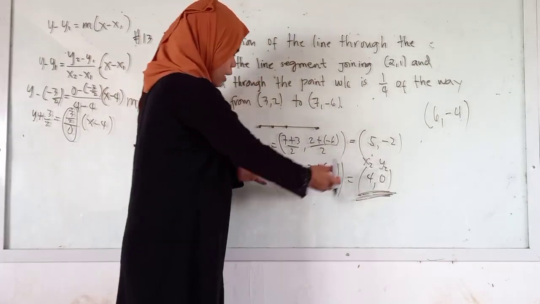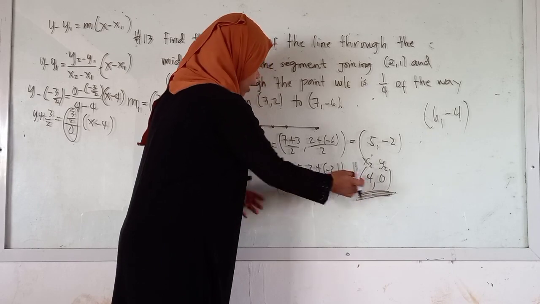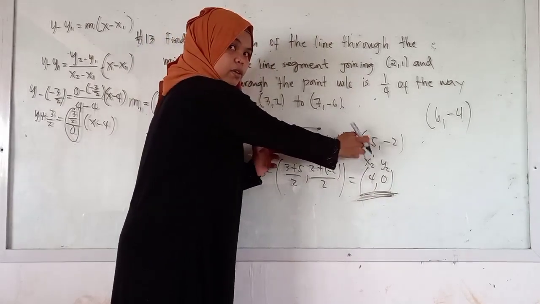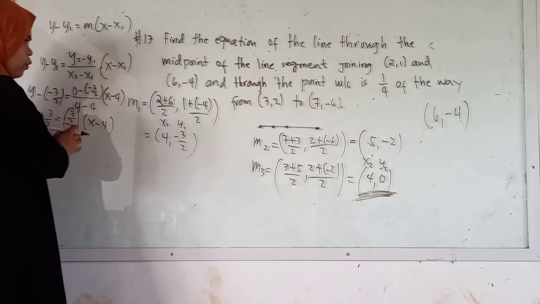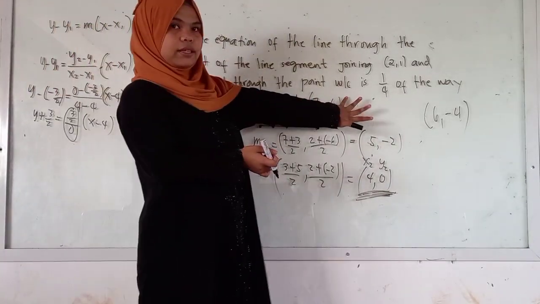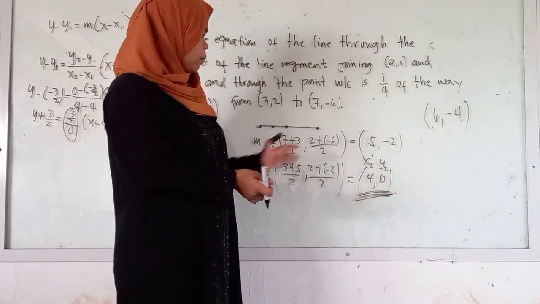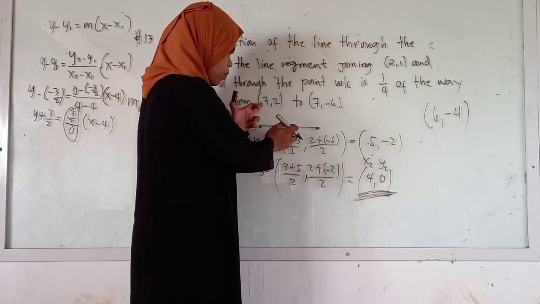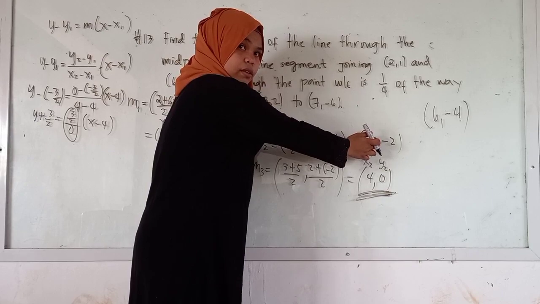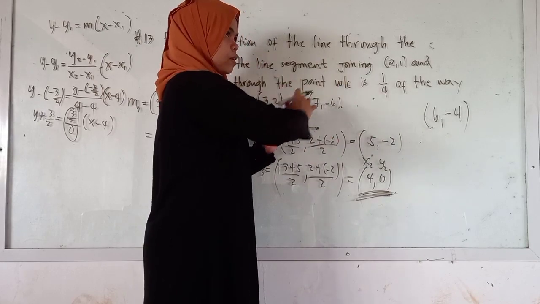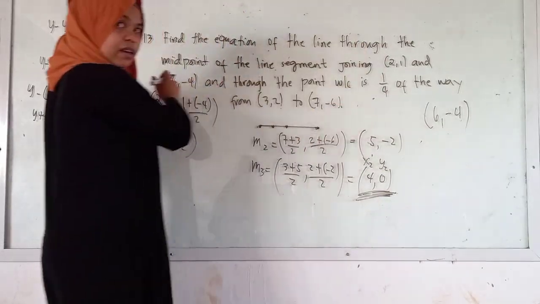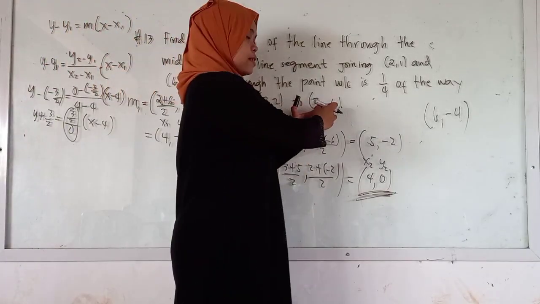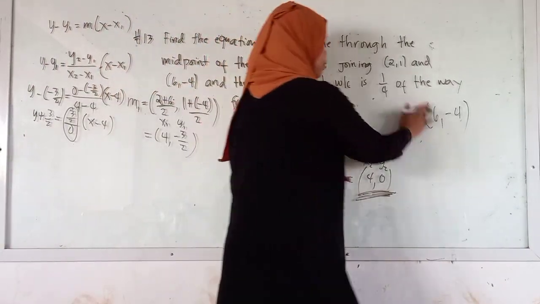Ibig sabihin, in finding this point, midpoint talaga. So since nag-error dito, we are going to use the other coordinate. Pwede naman yung other side since naging undefined dito. So ang gagamitin natin, this 7, negative 6.